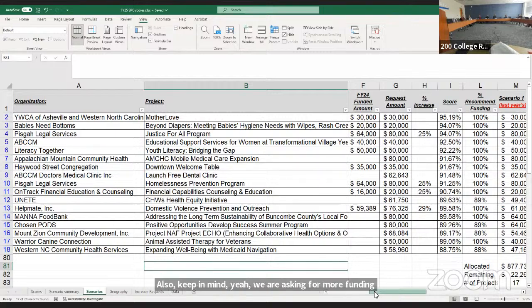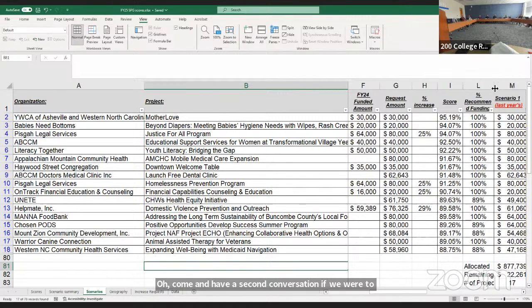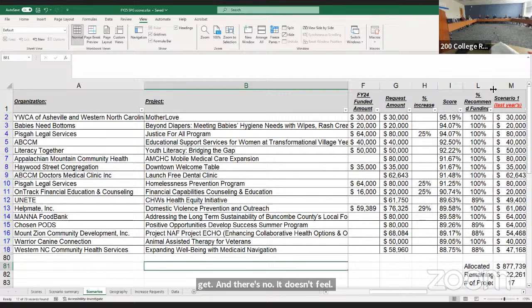So once we get our $900,000 scenario locked in, we'll come and have a second conversation about if we were to get an additional 100,000, how would it be used? It doesn't feel like a certainty that it's gonna happen, so having two scenarios seems like the way to go. And as a reminder, in this first scenario, that would be 17 projects funded.